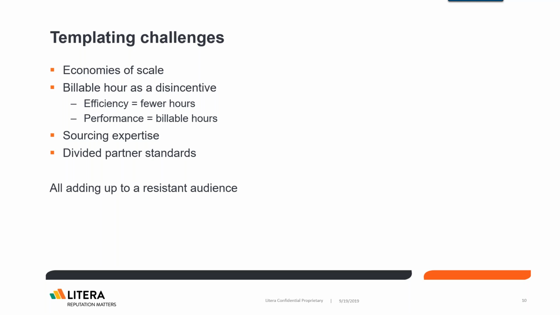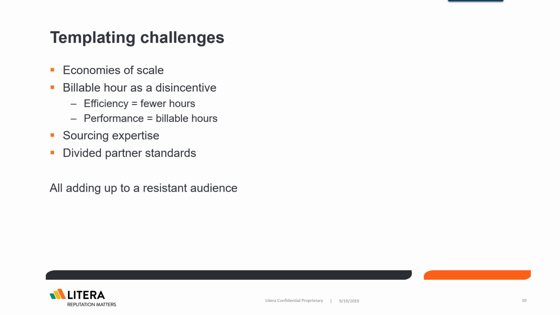And it is routine for associates to be asked to use one precedent contract for a particular deal for a particular partner, and asked to use a different contract for the same deal for another partner. And that type of attitude, it's commonplace, and it's there for a reason, but it doesn't help when it comes to successfully having initiatives for getting templating solutions out there.